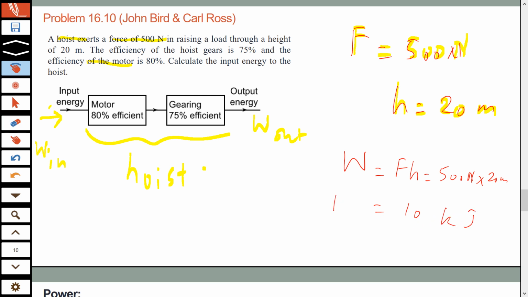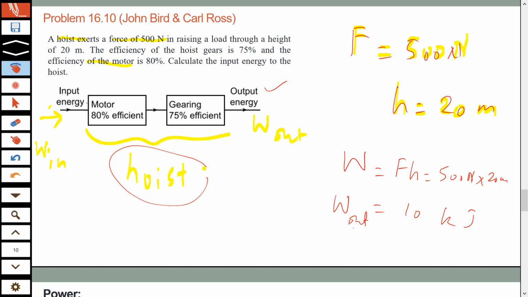Now this 10 kilojoules, can you tell me is it work in or work out? If this is your system hoist, it is producing that work, so it is work out. Work out is 10 kilojoules.